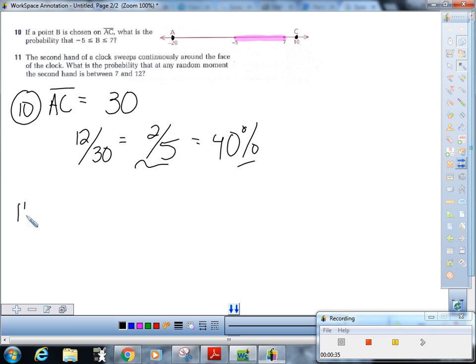The second hand on a clock sweeps continuously around the face of the clock. So it's not a tick, tick, tick, it's a swoop. What is the probability that at any random moment the second hand is between 7 and 12? There's lots of different ways you can do this. I'm going to go back to degrees.